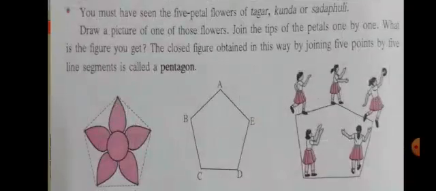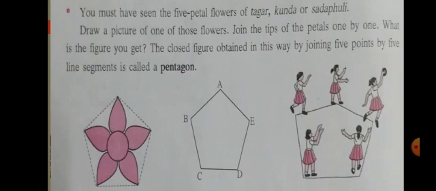Now let's move further. You must have seen the 5-petal flowers of Tagar, Kunda or Sadafuli. Draw a picture of one of these flowers. Join the tips of the petals one by one. What is the figure you get? The closed figure obtained in this way by joining 5 points by 5 line segments is called a pentagon. See, here a petal is given and a line is being drawn.